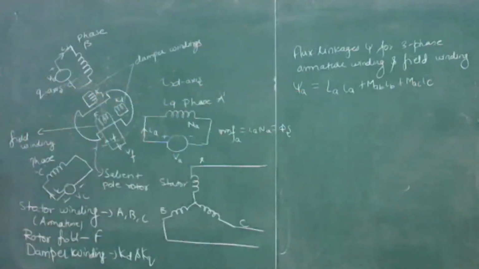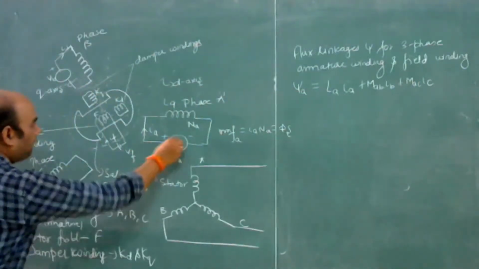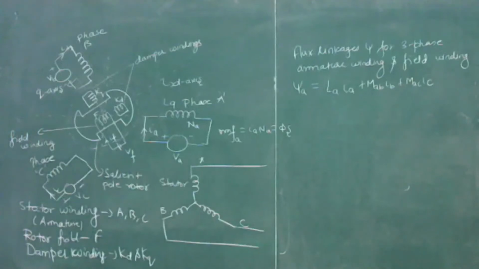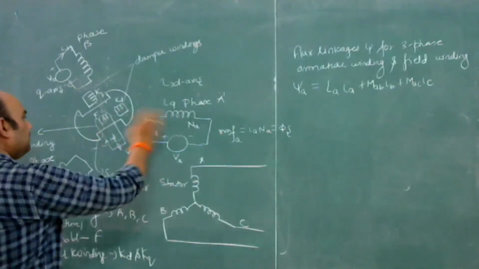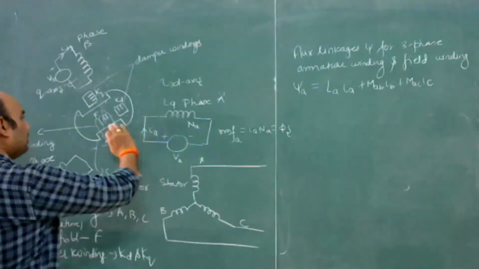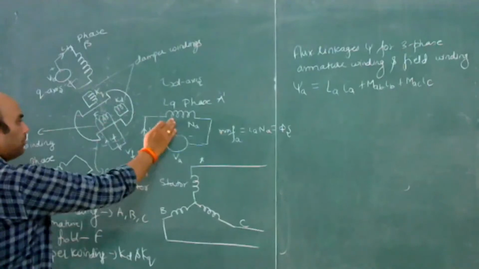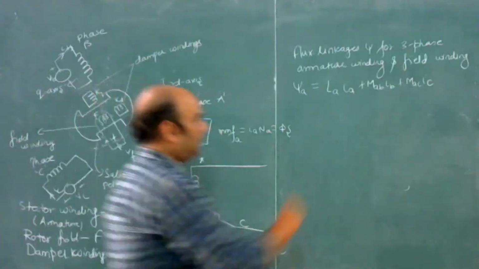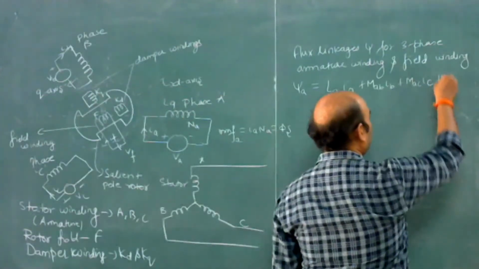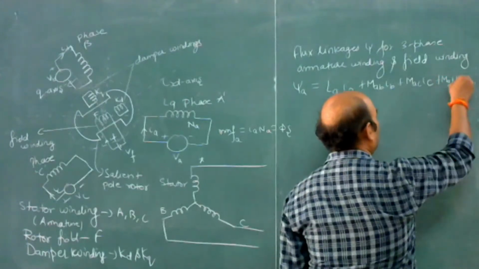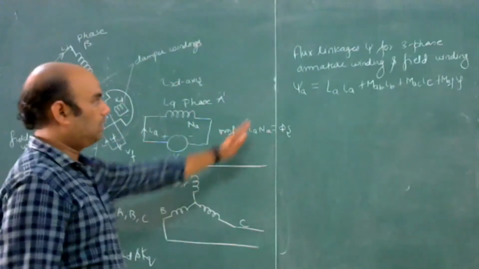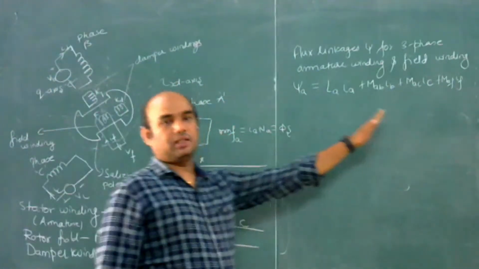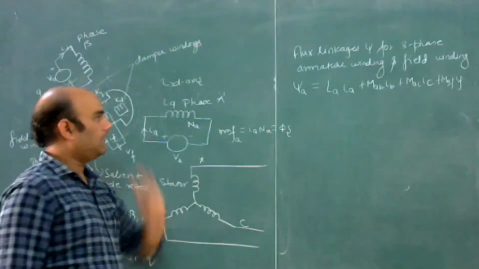Okay, so this is mutual inductance between phase A and phase C, and plus it also links with the armature, the field winding also. So we have to take this effect also. So this will be MAF into IF. Okay, so this will be the equation of the flux linkage in winding A.